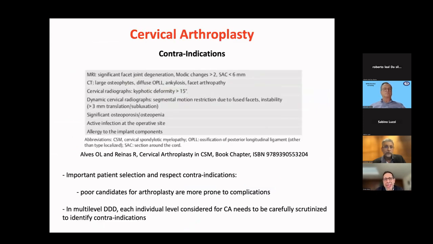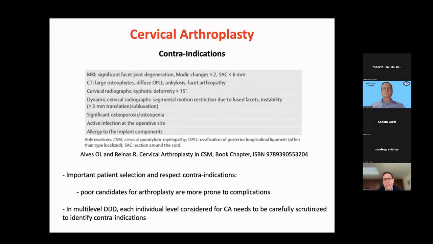These are my contraindications for cervical arthroplasty, and this was published in a book chapter on cervical spondylotic myelopathy. As you see here, most of the contraindications are related with the status of the facet joint. If you have degeneration, significant arthropathy, diffuse OPLL, instability, significant kyphotic deformity, osteoporosis, osteopenia, these are important contraindications.